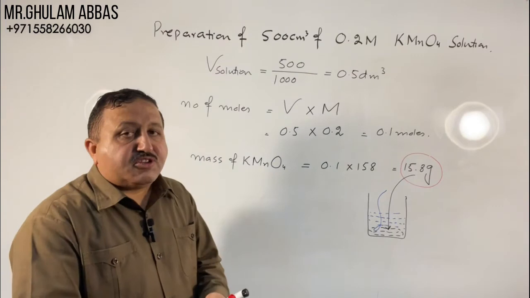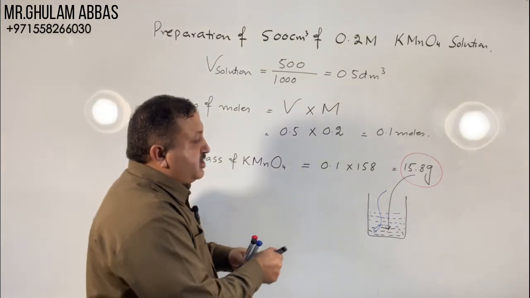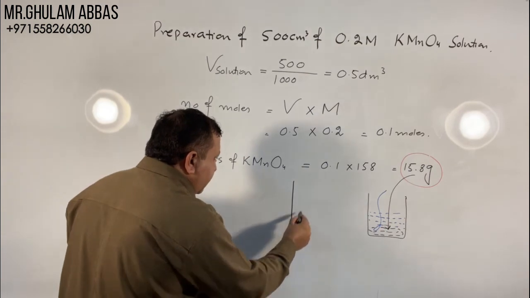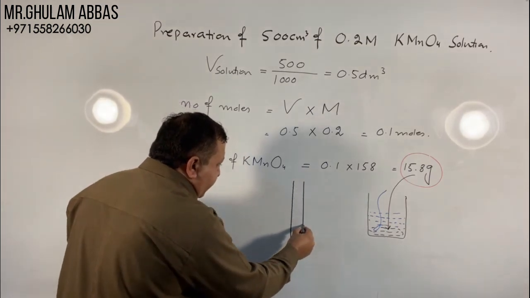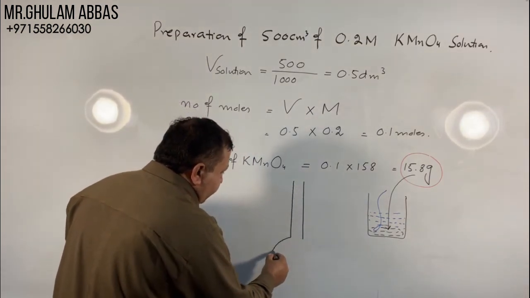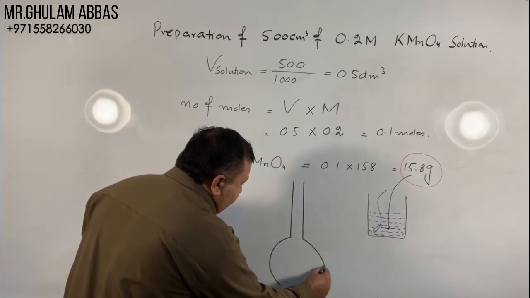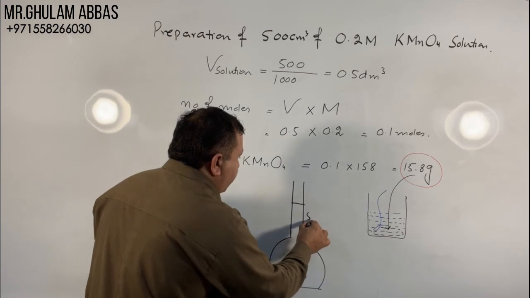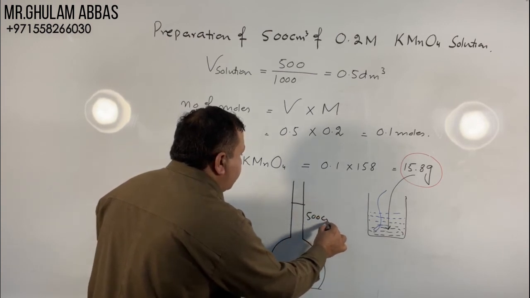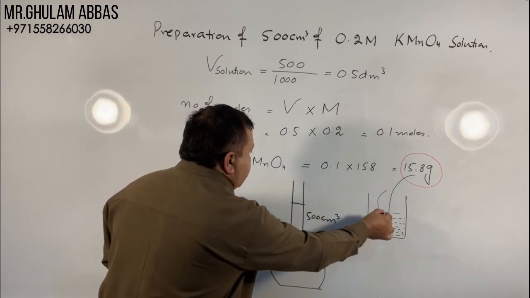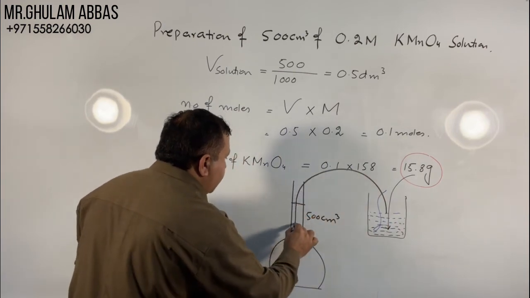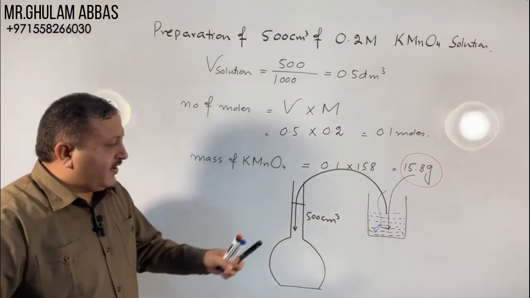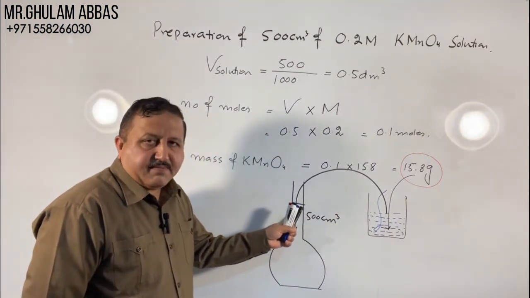When it has dissolved, we will shift this into the volumetric flask. This is the volumetric flask, and we will take a volumetric flask of 500 cm cube. We will shift this solution into this volumetric flask, and we will fill up to this mark.